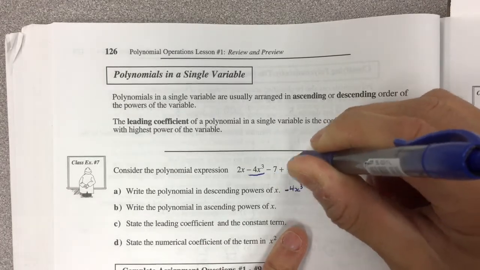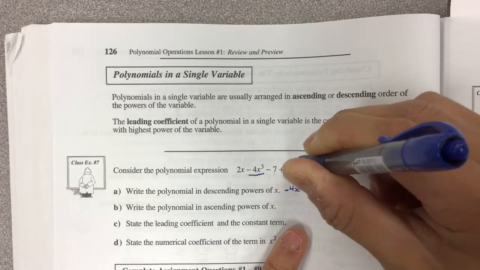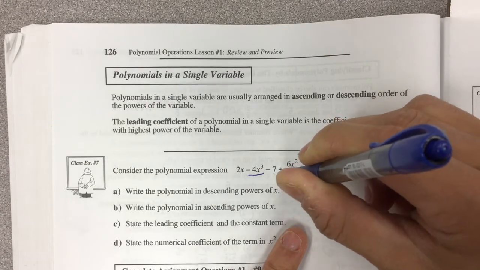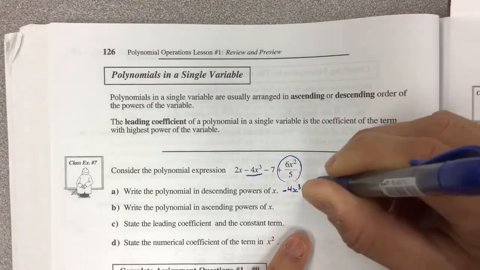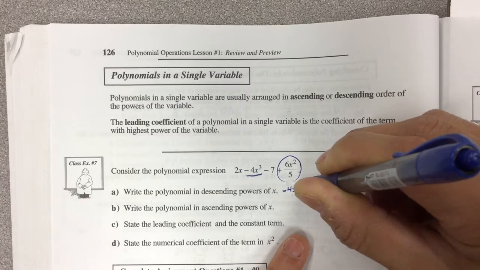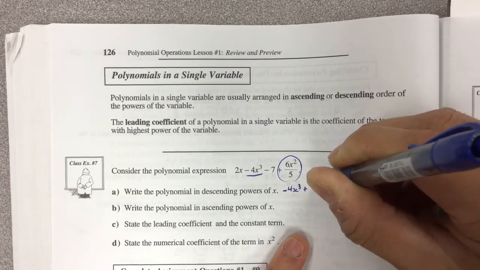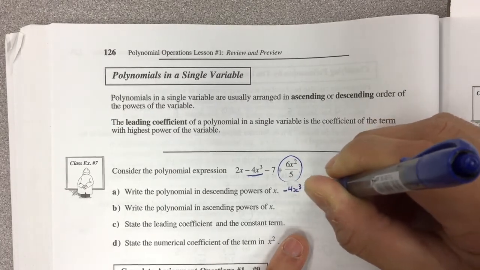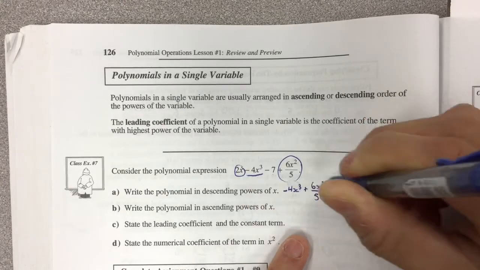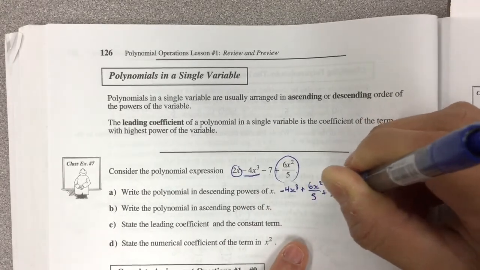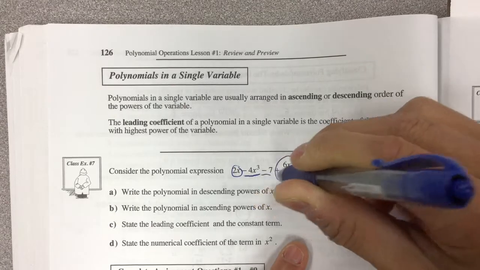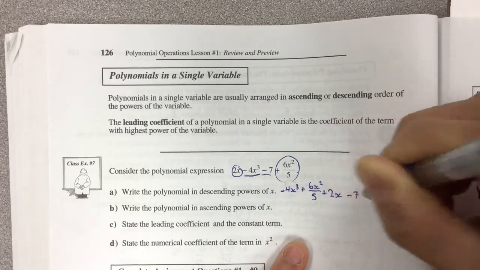My next highest degree on my x is the 6x squared, and that's positive 6x squared over 5. Next, I have positive 2x, and then my last term, which is negative 7.